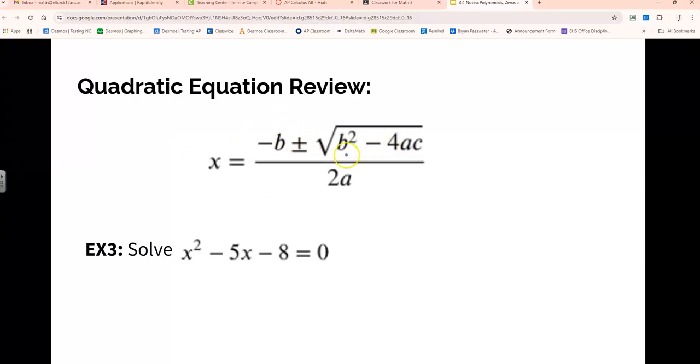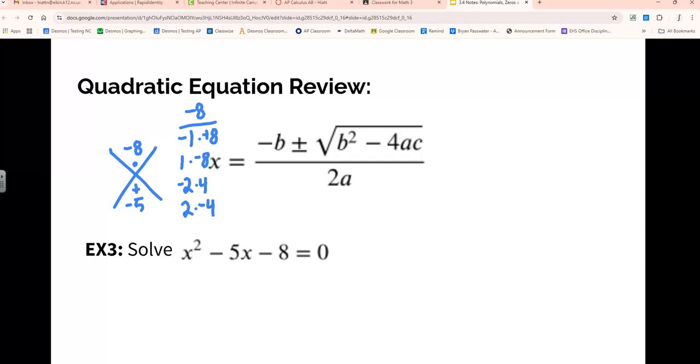So this is the quadratic formula. It can be used when we have something that does not factor. So like right here, x squared minus 5x minus 8 won't factor, because I'd have to multiply to get negative 8 but add to get negative 5, and the pairs that multiply to negative 8 are negative 1 and positive 8, positive 1 and negative 8, negative 2 and positive 4, positive 2 and negative 4, and none of those add together to give you negative 5.